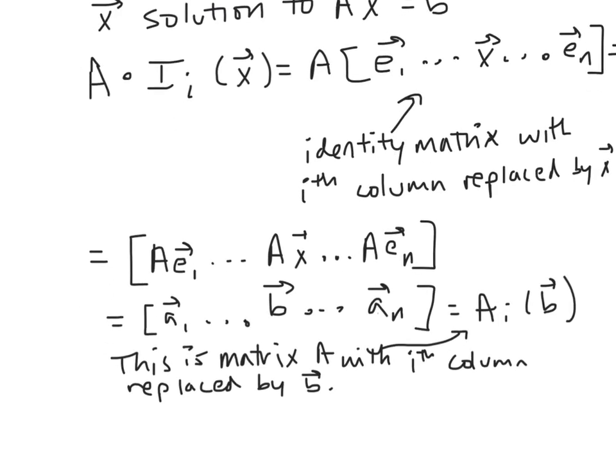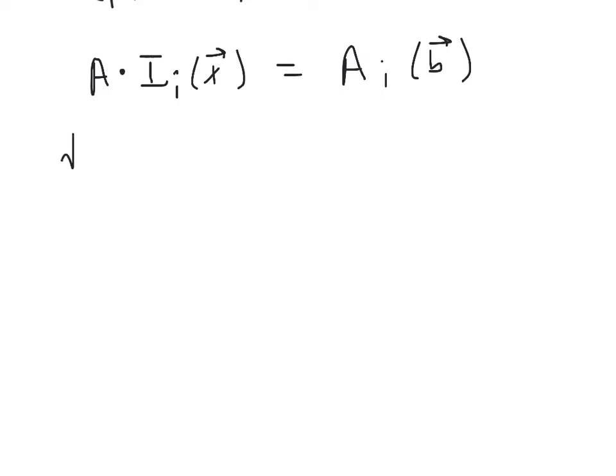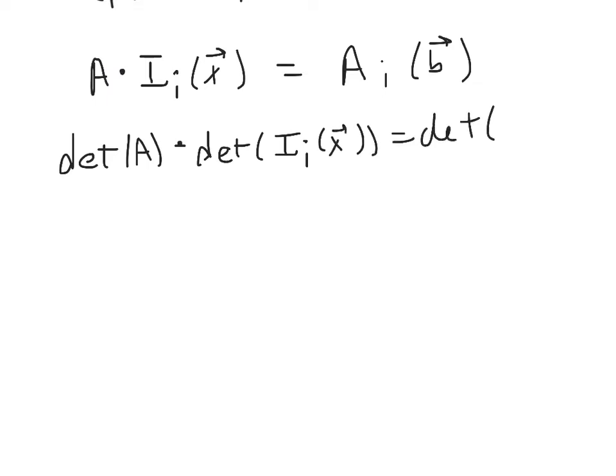So after all that work, we know that A times the identity matrix with the ith column replaced by x is the same as the matrix A where the ith column is replaced by the vector B. And we take the determinant of both sides, and that yields the determinant of A times the determinant of the matrix I i of x is the determinant of this matrix here on the right.